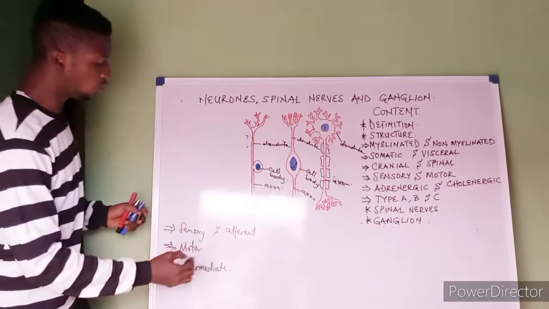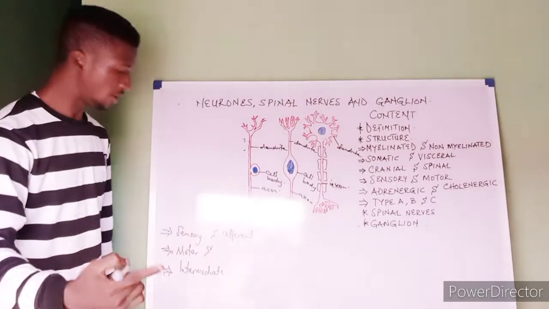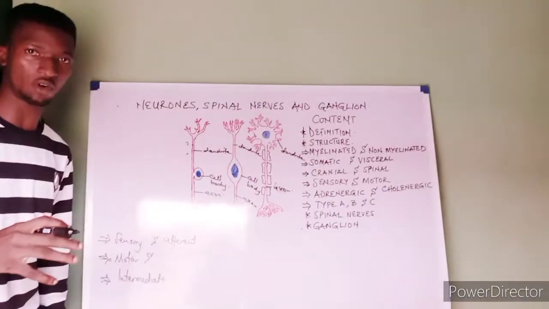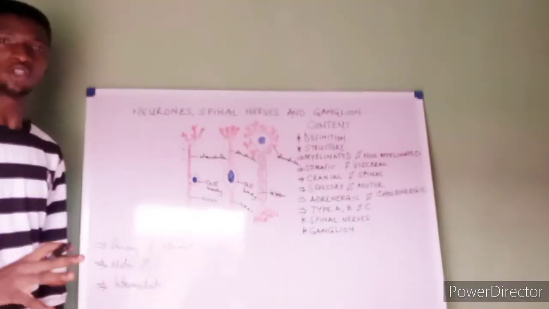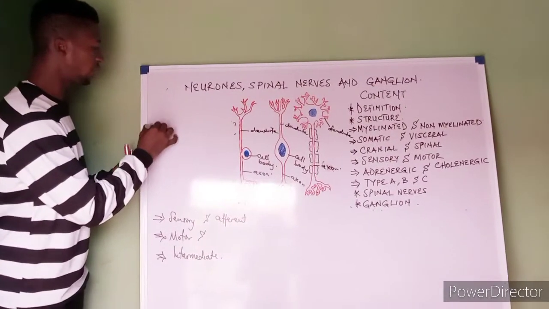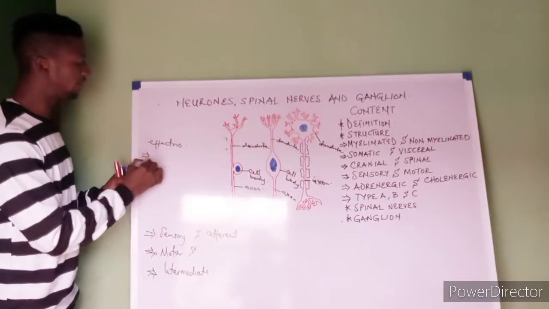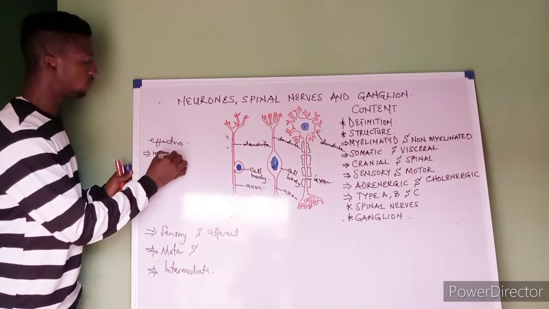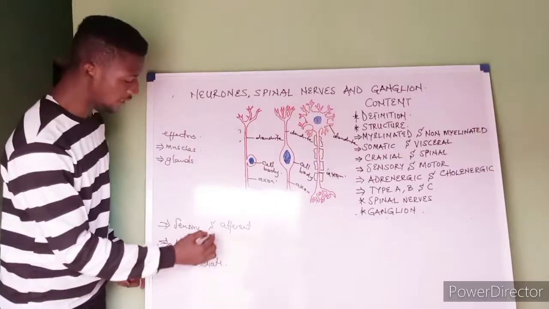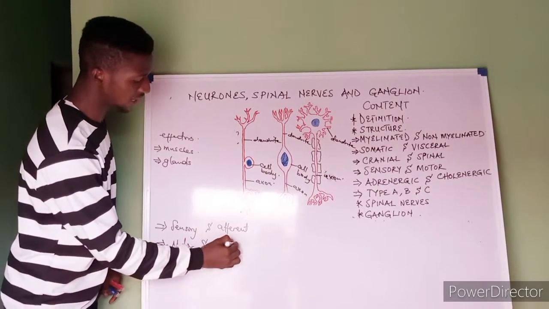It means that they are giving a response, because these nerve fibers take impulses away from the brain and spinal cord and direct them towards the effectors. And what are the effectors? Effectors consist of muscles and glands. So they are also called efferent nerve cells.